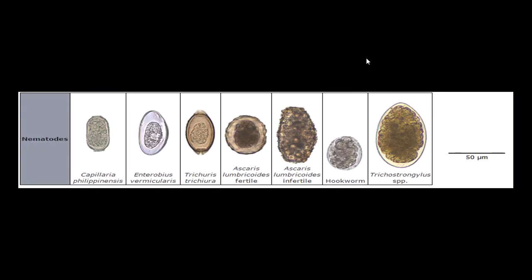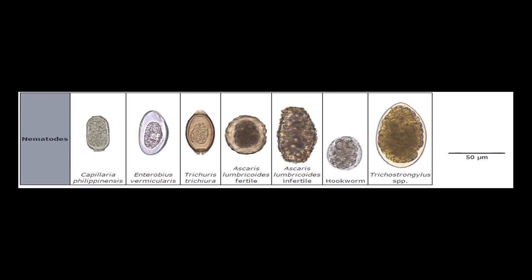So it's not just protozoa that can be associated with diarrhea in parasitology, but also worms. And these worms can be either roundworms, like the nematoda, we'll talk about them in just a second, but also tapeworms.